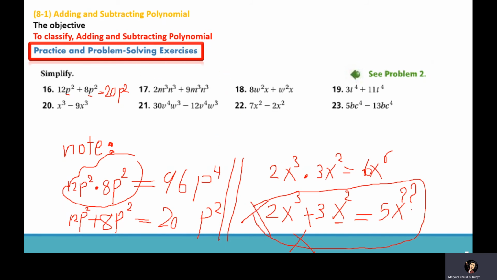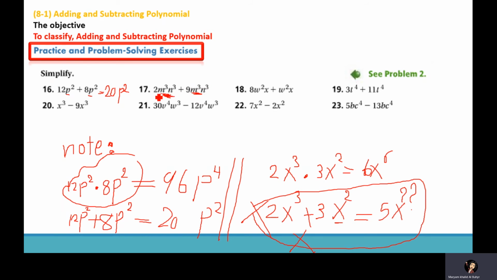Now let me continue working on that. So here we have 2 plus 9. Let me check: are these the same? This is the question that I must ask myself if I have addition, especially with addition and subtraction. Yes, M3, M3, N3, N3.